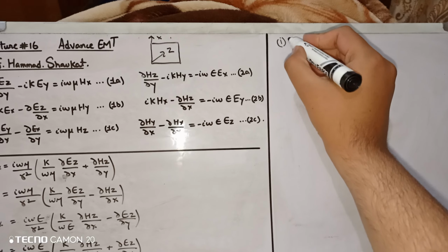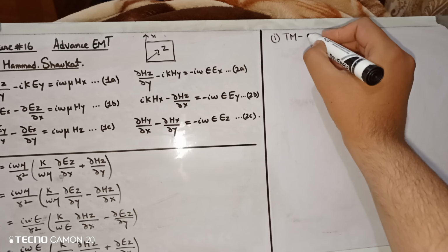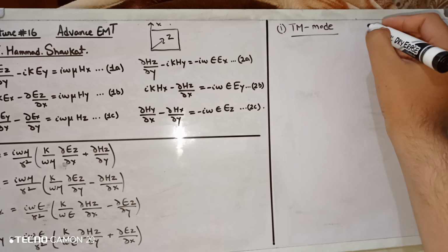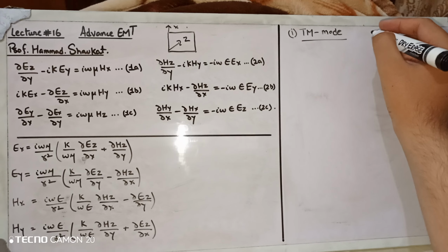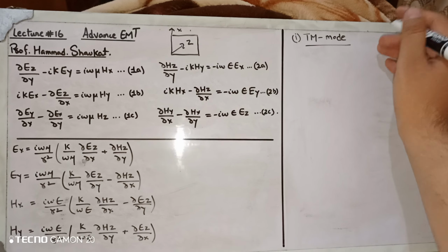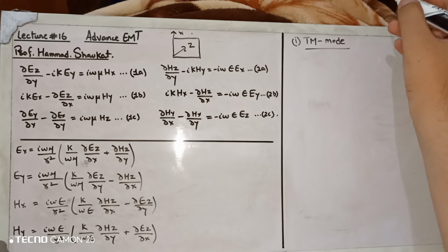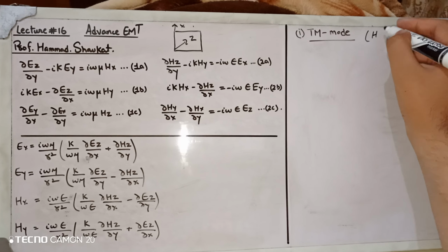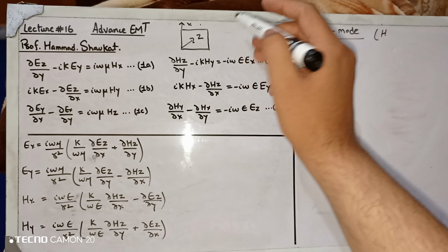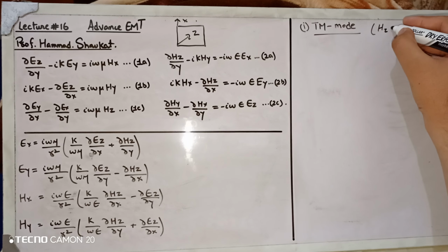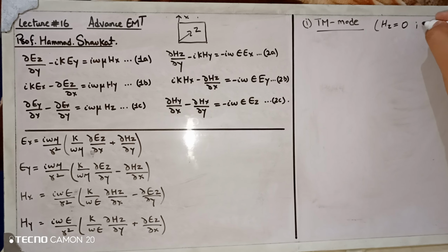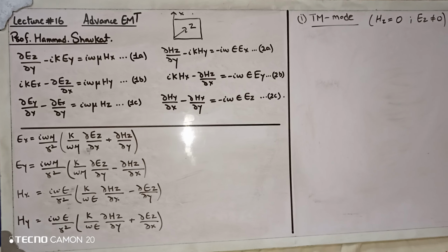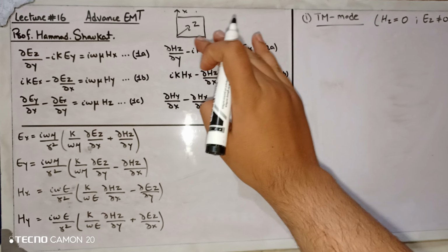So first start with TM mode. So what is TM mode? You know that it is transverse magnetic mode, in which you can say your magnetic field is transverse. In TM mode basically, because our wave is propagating in the z direction, the z component of magnetic field becomes equal to 0, and the electric field z component is not equal to 0 in TM mode if the wave is propagating in the z direction.